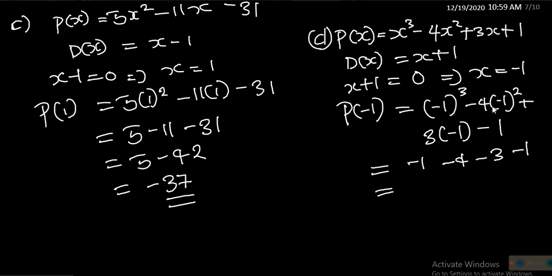Minus 4 times plus 1, we have minus 4. So this is all minus 5. Minus 5 plus minus 3, we have minus 8, and then minus 9. So the remainder is minus 9. So this is how to use the remainder theorem to find the remainder without using the division algorithm.